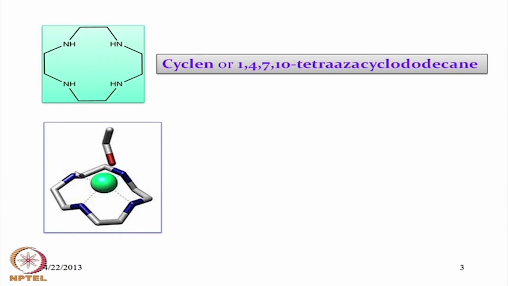So, all 4 nitrogen donor atoms are going towards the upward direction. That means this nitrogen is pyramidal, because the third bond attached to this nitrogen is the NH bond. So, 4 pyramidal nitrogens are pointing upward, and when 2 adjacent nitrogens are in the upward direction, you have the downward direction of the backbone.